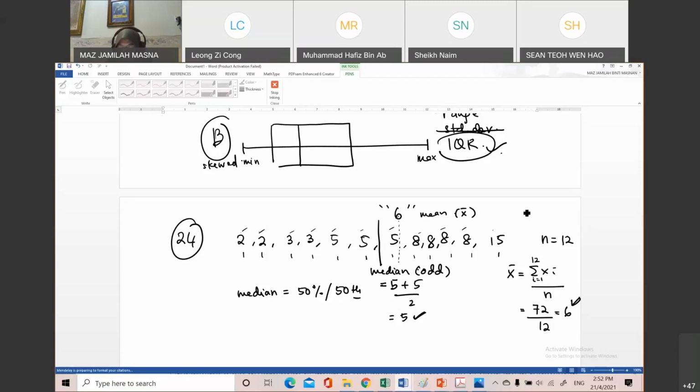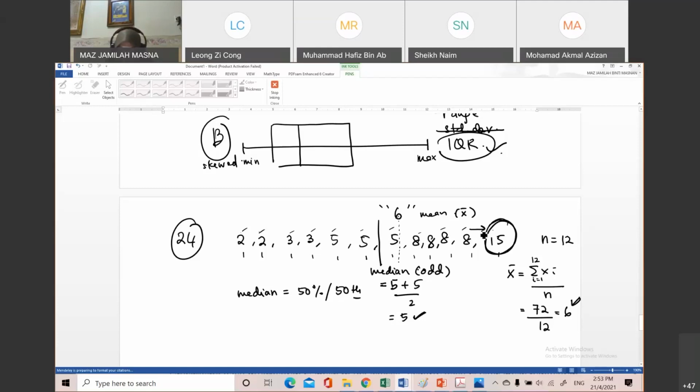Look at the data carefully. What obviously appears in your data set? Number 15. Yeah, it's the 15, right? 15 seems to be very large in your data set. In fact, it is further away from 8.